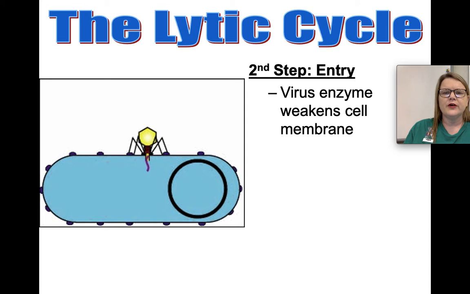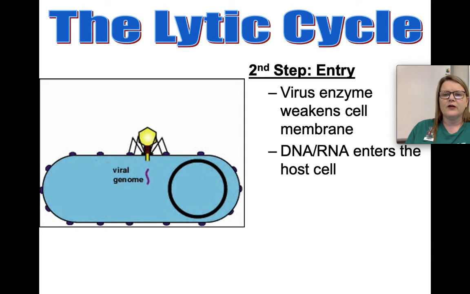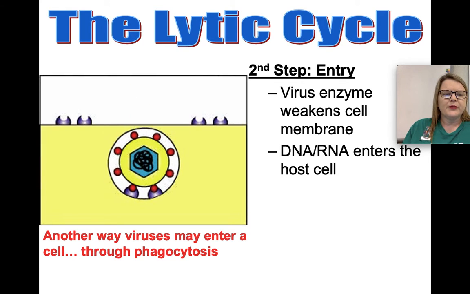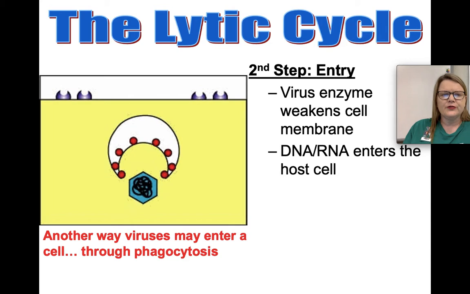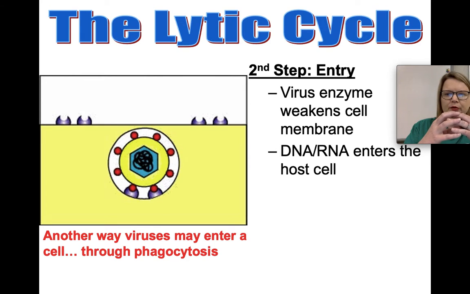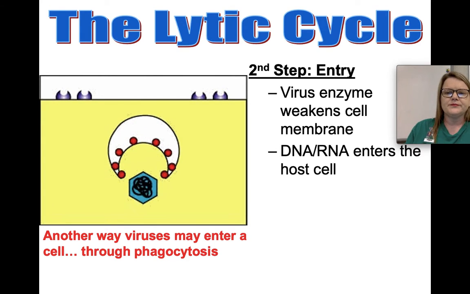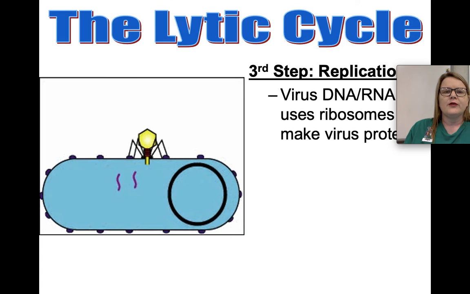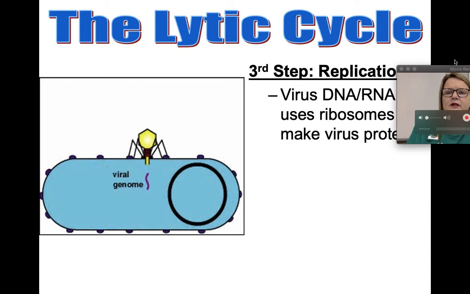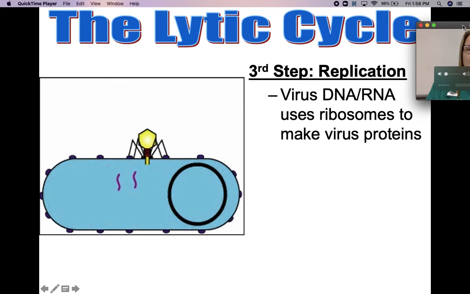Step 2, entry. The virus enzyme weakens the cell membrane so that DNA or RNA can enter the host cell. Viruses may enter a cell through phagocytosis. If you remember from way back at the beginning of the year, that's where a cell just kind of surrounds some particle of some sort and engulfs it. Step 3, replication. Virus DNA or RNA uses ribosomes to make virus proteins.